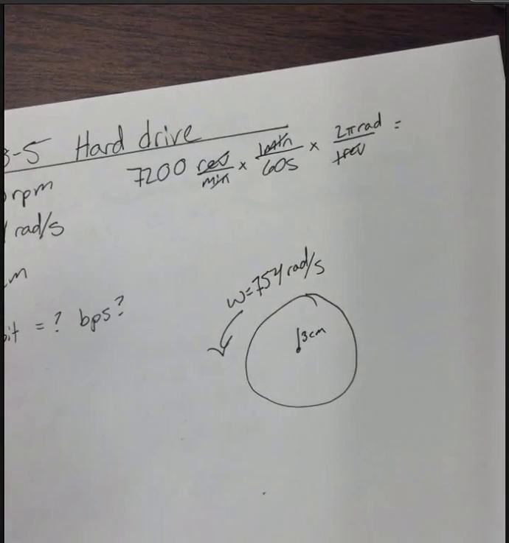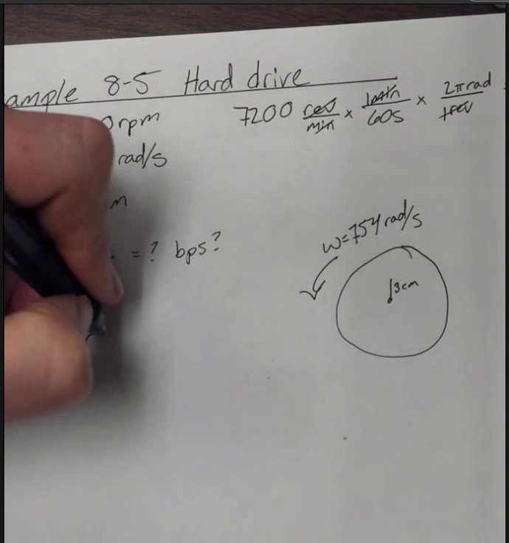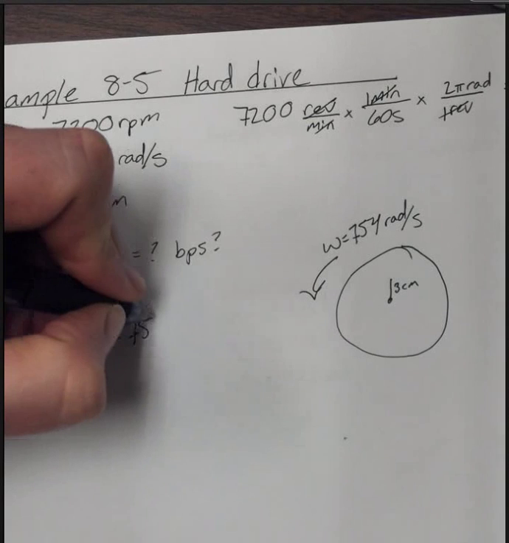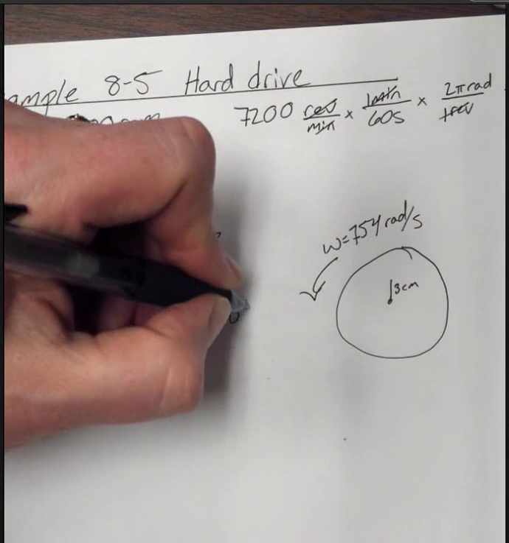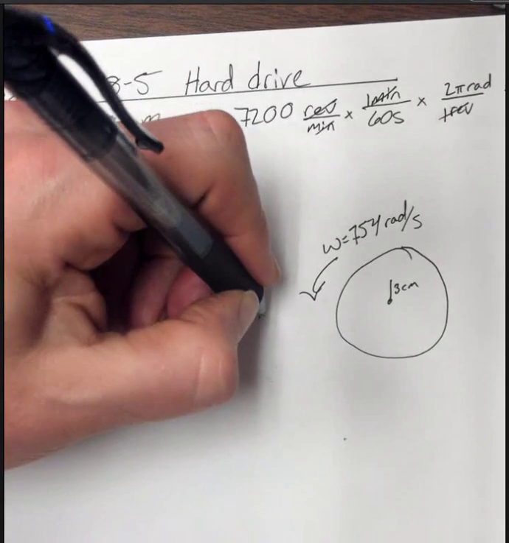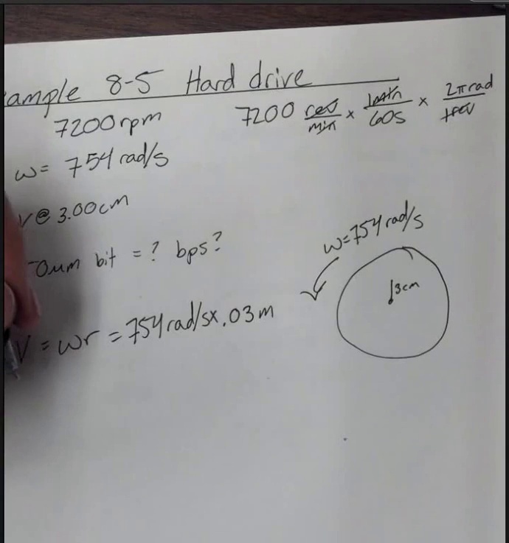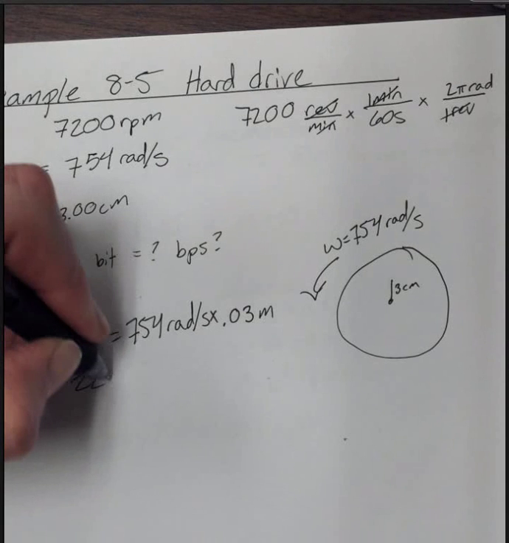Linear speed is given by omega r. So we can take that 754 radians per second and multiply it by 0.03 meters, and we'd get a tangential velocity of 22.6 meters per second.